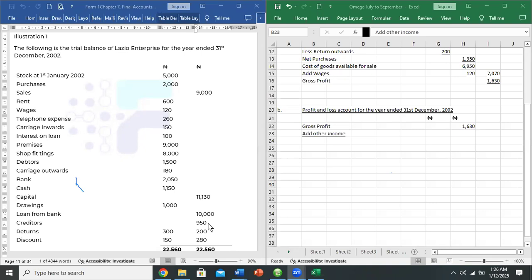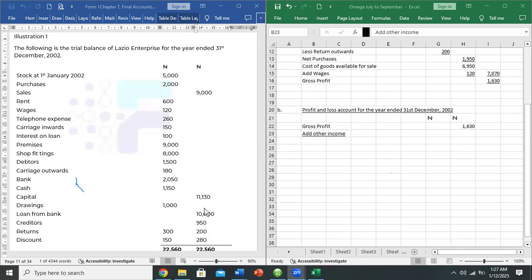In your case, the rent here, if it were at the credit side, would have been an income. But this time it's at the debit side, and at the debit side, it is expenses and assets. At the credit side, it is capital, liabilities, and income. So if you are looking for income, you watch out for the credit side.